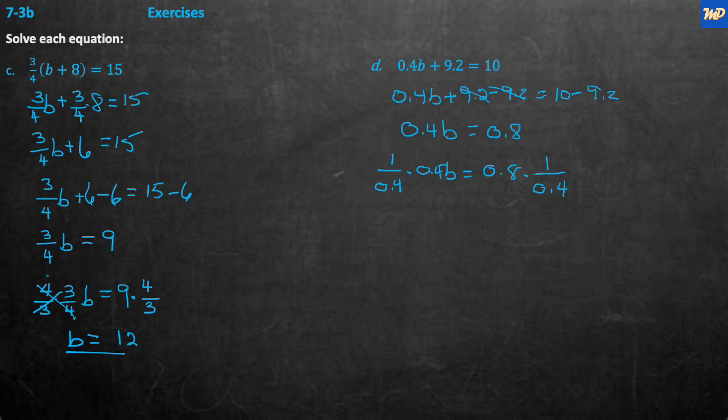These 0.4s cancel with these 0.4s, and we're left with B. And 0.8 divided by 0.4, or 8 divided by 4, is 0.2. There's our answer.